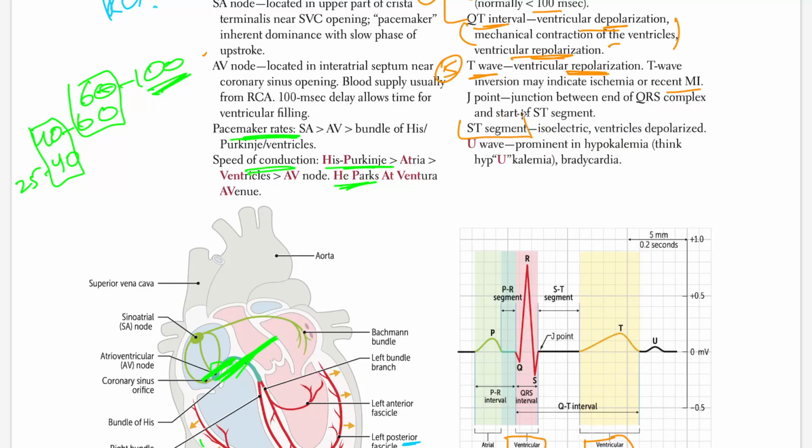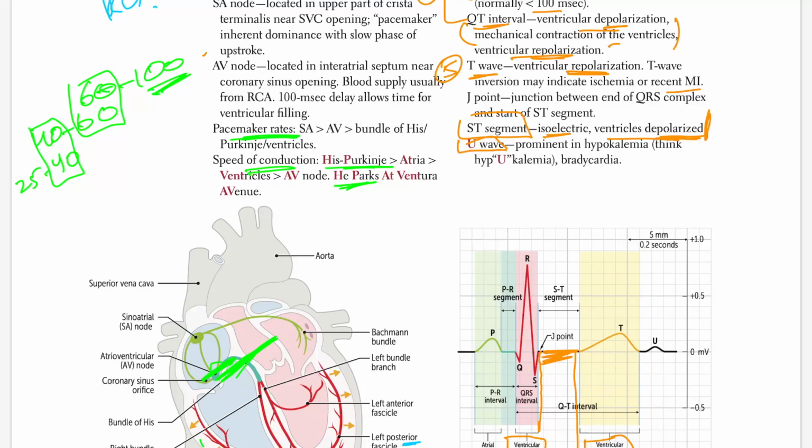So the ST segment is isoelectric, and here we have ventricular depolarized. The ventricle has fully depolarized, and that is why no charge is going here. Then you have the last one, which is called U wave.